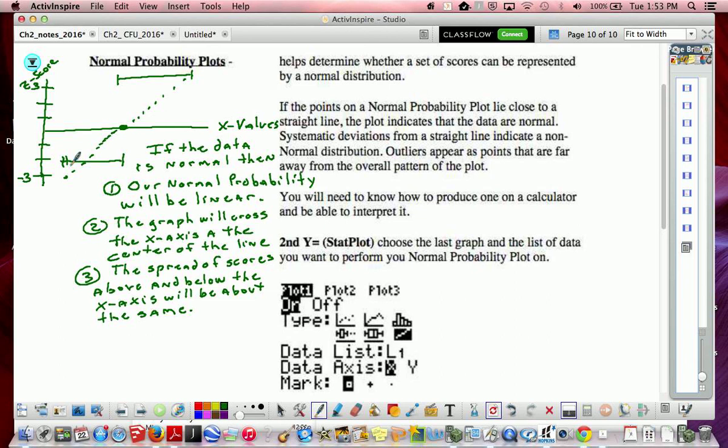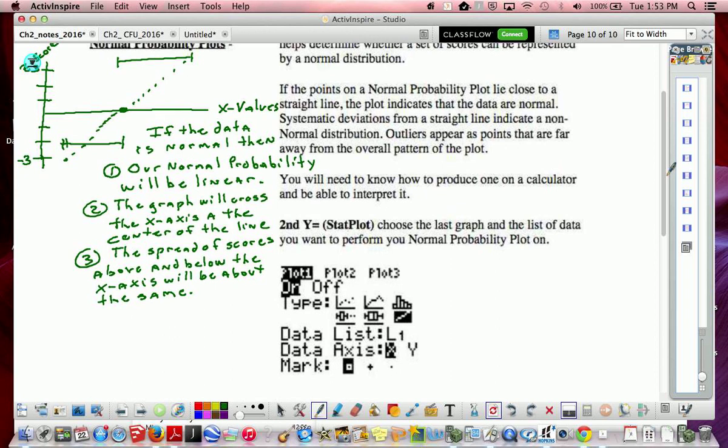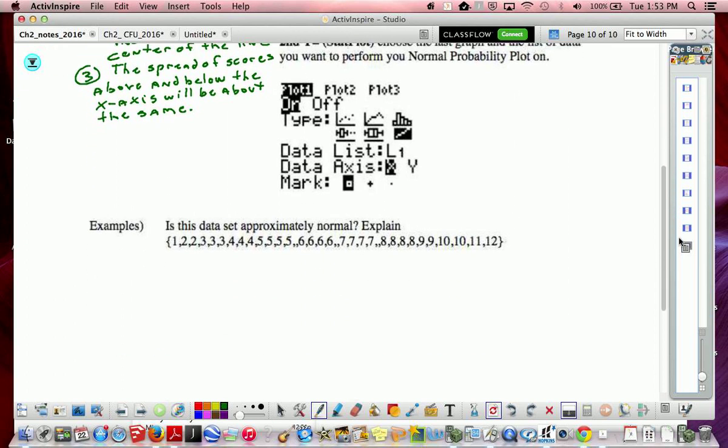They can be close to each other and still be okay. What will happen is sometimes if you have a distribution that is clearly skewed in one direction or the other, the normal probability plot will definitely show it.